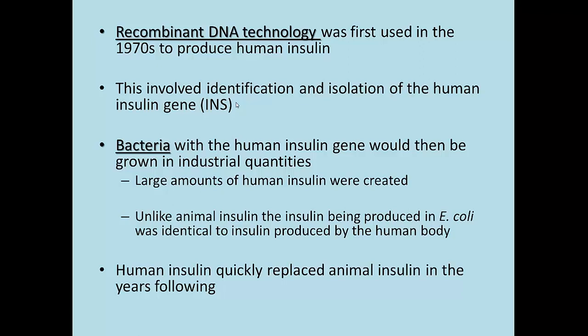And so once you got the first modified cell, you were just in the business of propagating that and making copies. And the bacteria would duplicate themselves, and when they duplicate, they make more of the plasmid, and each cell then goes on to make more insulin. So within a short period of time, you ramp up that production to an industrial level where you have large vats of bacteria being used to produce insulin.